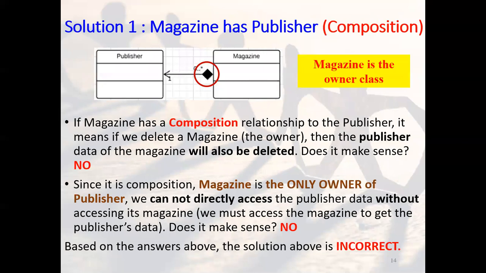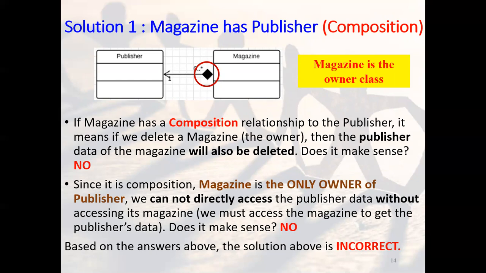Next, in this example, imagine. Before I continue, let me explain what this means. This black diamond over here signifies composition. In other words, a strong relationship. This means the magazine is the parent, and the publisher is the child. To read this, magazine is the owner of the class.